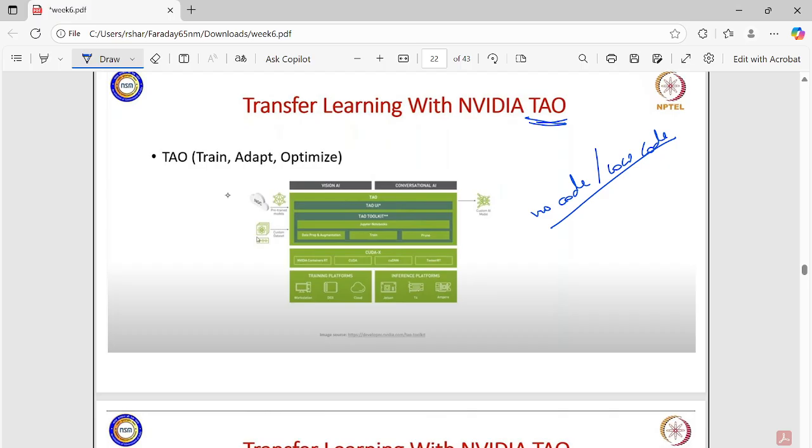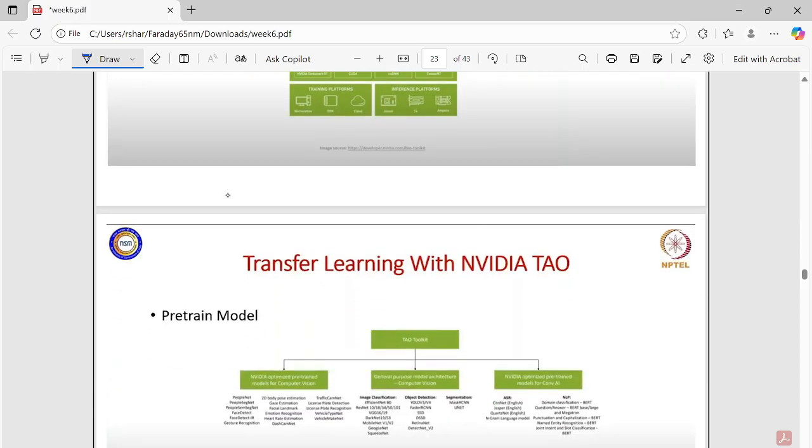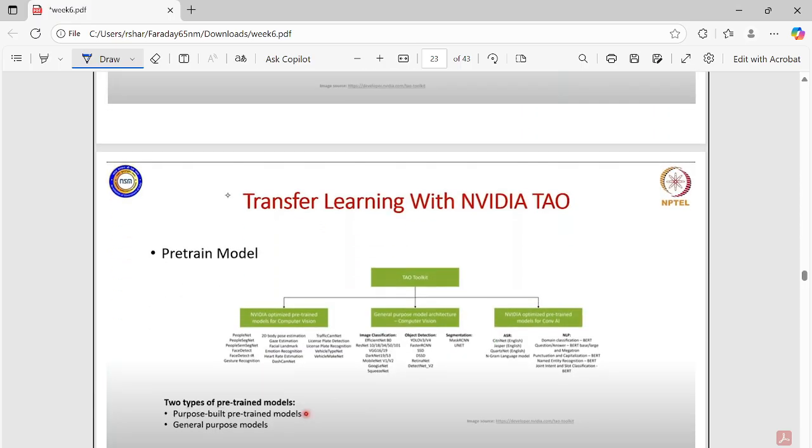So how is transfer learning performed with the TAO toolkit? First we select the pre-trained model from the TAO models like ResNet, BERT or SST, and then we prepare the dataset in the required format.